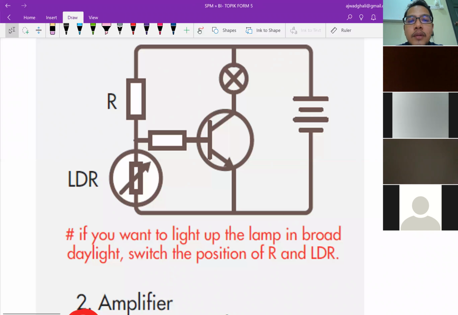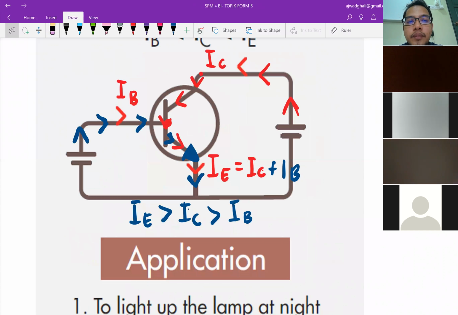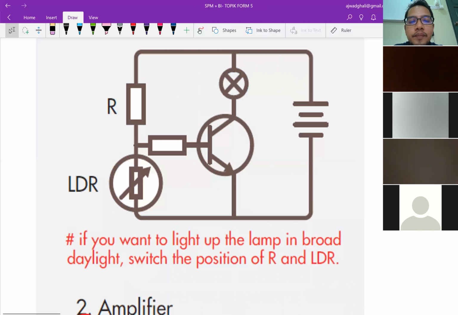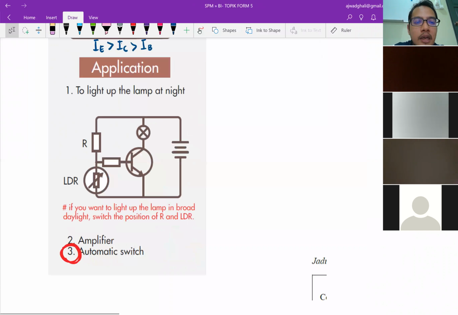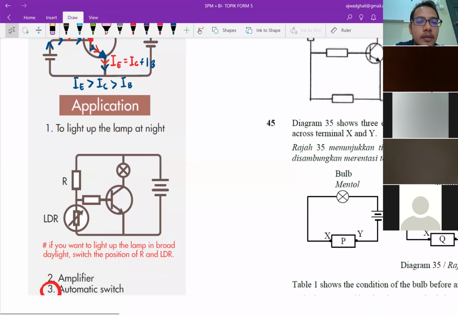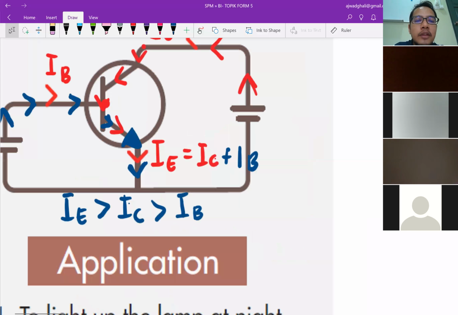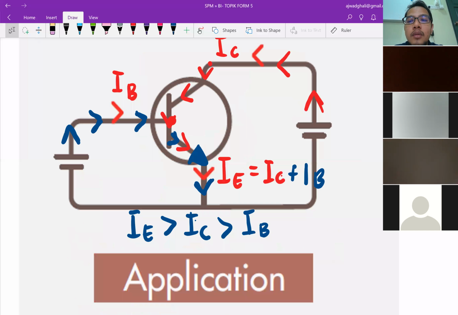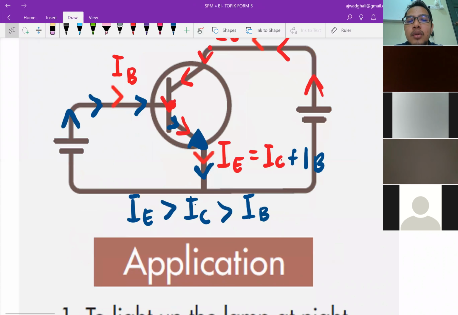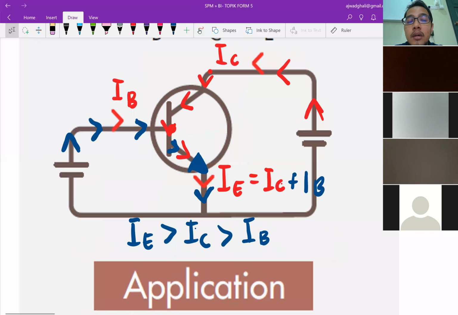If you see the difference between this picture and the picture at the top, same thing in your note. The picture at the top, you have two batteries, which give the current at the base and the current at the collector. So how it can be used as an automatic switch is like this.